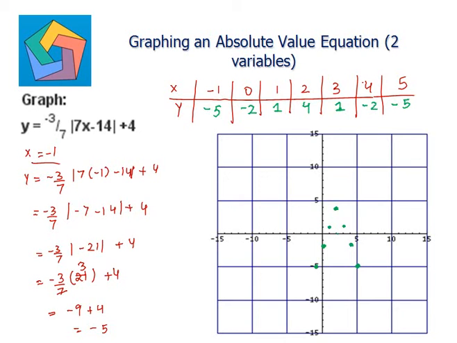So we can join these points. So this is the absolute value graph of the equation y is equal to negative 3 by 7 times the absolute value of 7x minus 14, plus 4.